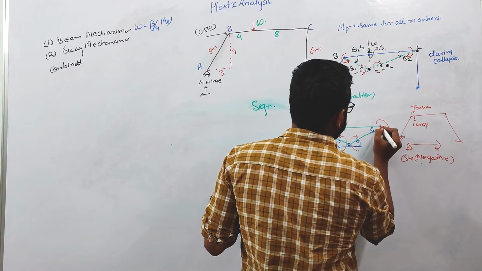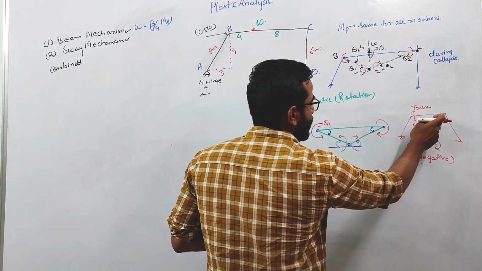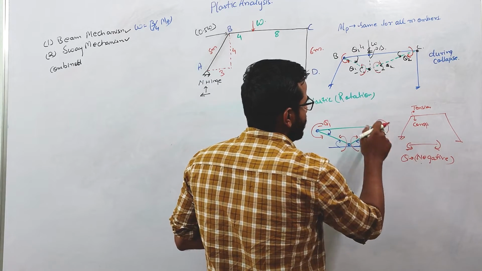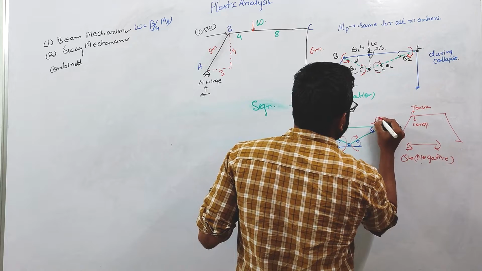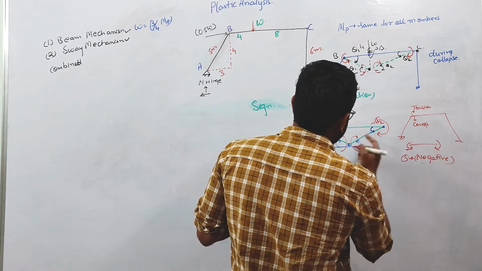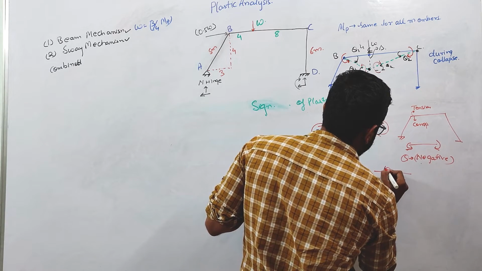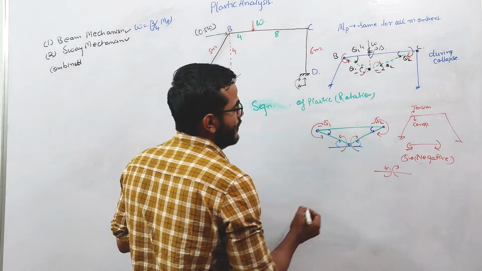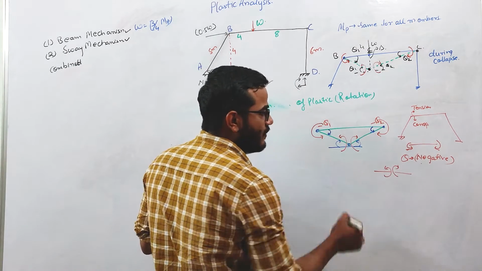Similarly here, this moment is again producing compression in the inner fiber and tension in the outermost fiber. So again this will be negative theta 2, right? Here, due to this moment, the compression will be outside and tension will be inside.